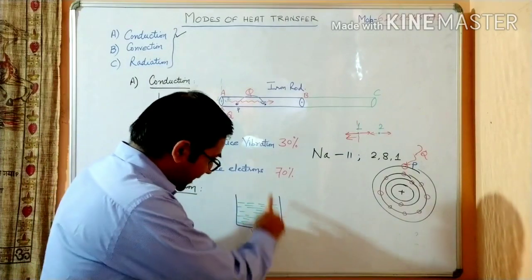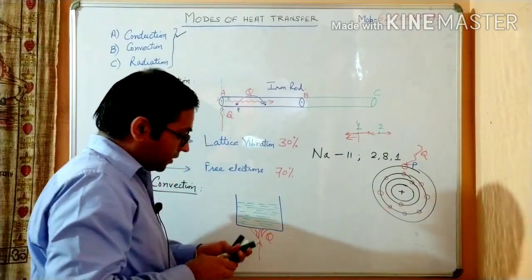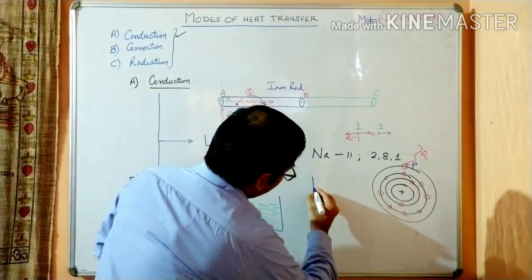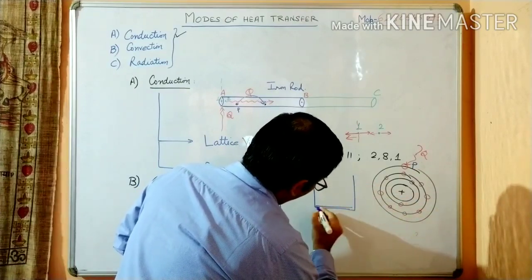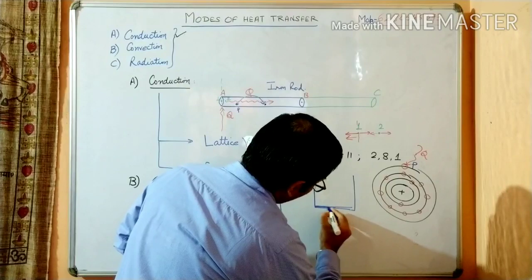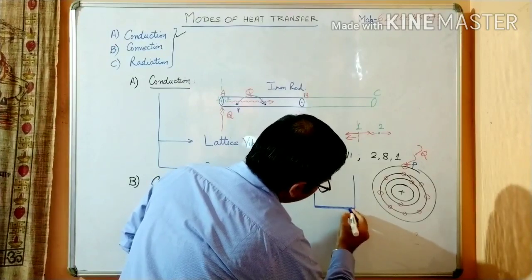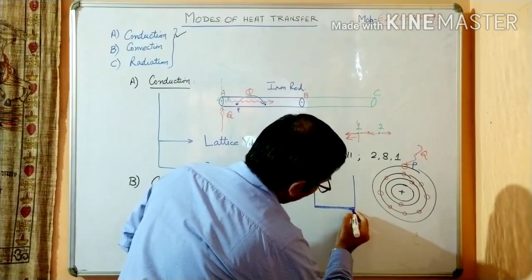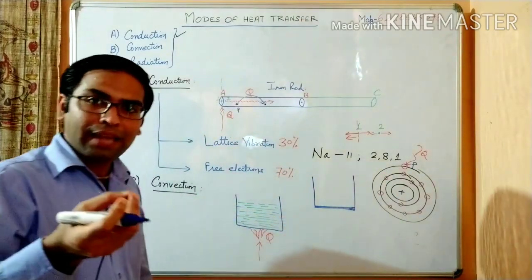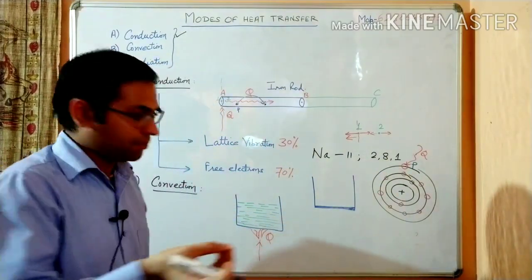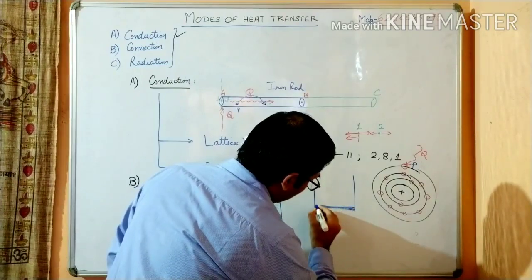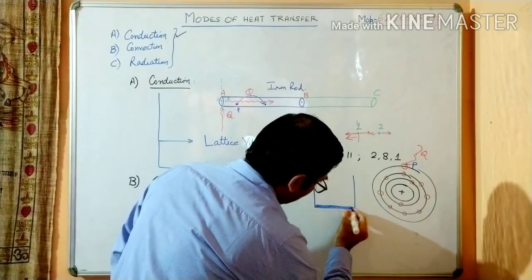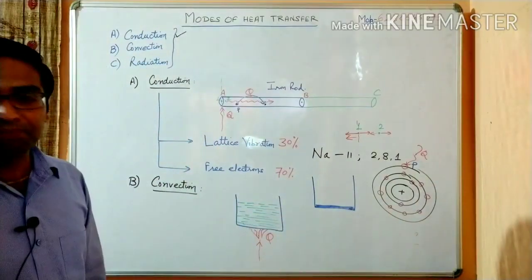If I exaggerate this container, it is made up of a fine layer, a fine thickness of some material. If it is of steel, it will have some thickness of steel. Whether it is 1 mm, 2 mm, 1.5 mm, it is present.